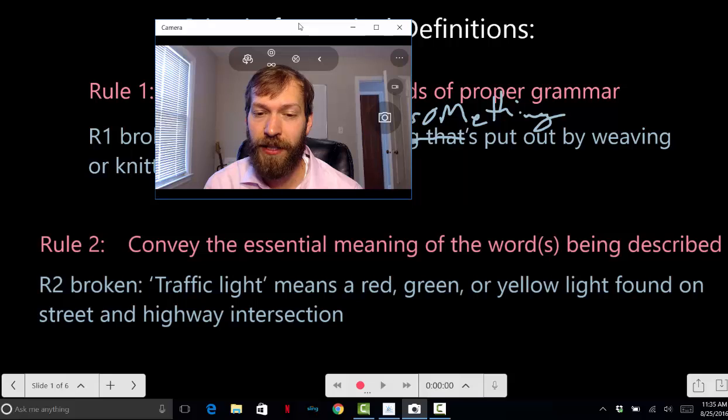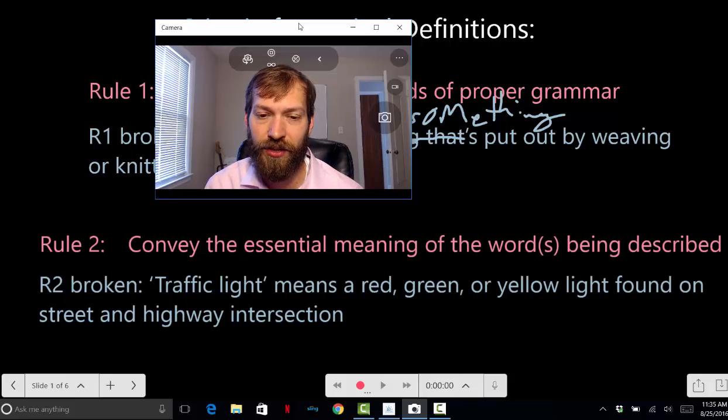That's right, insofar as it's going to make sure to get everything that is a traffic light. That's going to get the appropriate objects into the extension. But if you think a little bit about it, it doesn't give us what's essential about traffic lights. It doesn't tell us that traffic lights guide the flow of traffic.